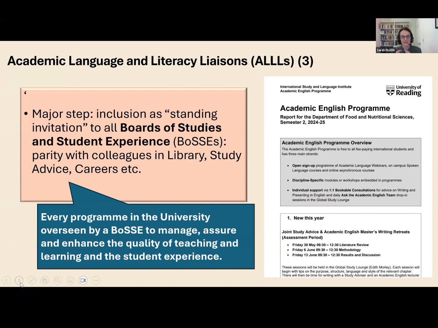Yeah, perhaps stepping on each other's toes at some points, or not understanding each other's remits, or presenting confusing messaging to departments. There was all of this sense at various points. And actually going together to these boards of studies and being able to talk to the departments, but also talk to each other and clarify these roles has been hugely, hugely helpful. So this really small procedural thing has made a big, big difference to us.